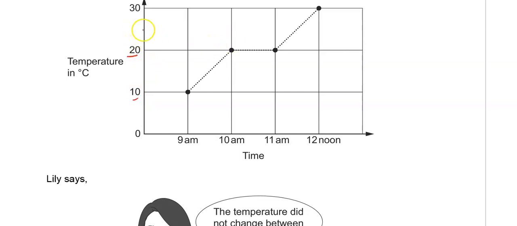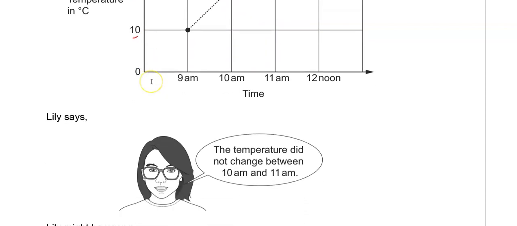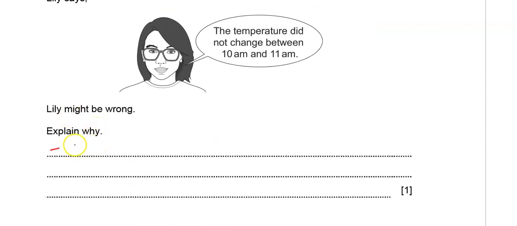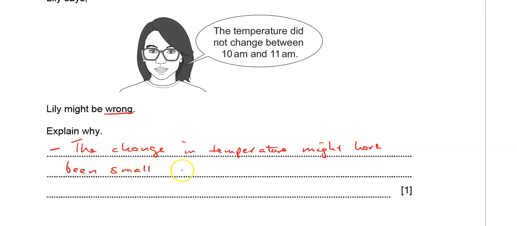So if the temperature changed to perhaps 25, Lily might not have captured that because that is smaller than the range she's using. So the change in temperature might have been small and did not show up on the graph.